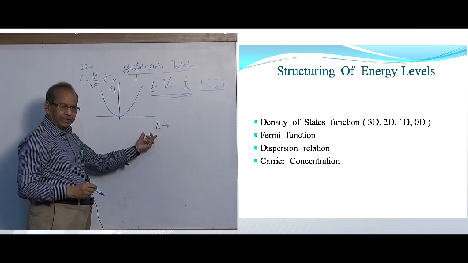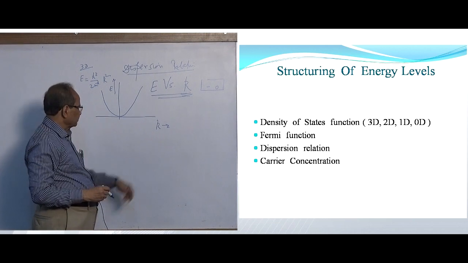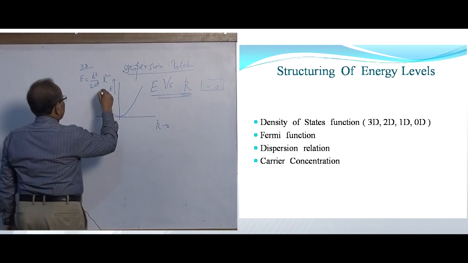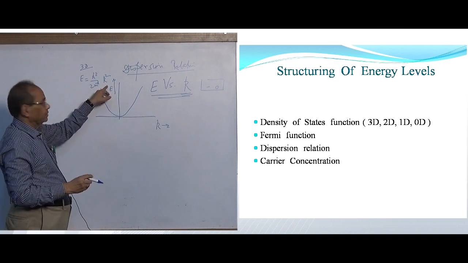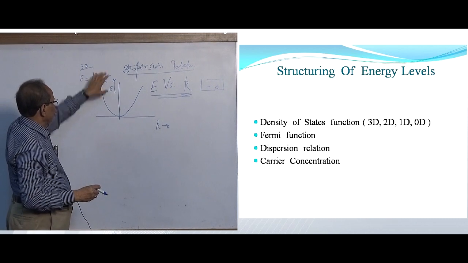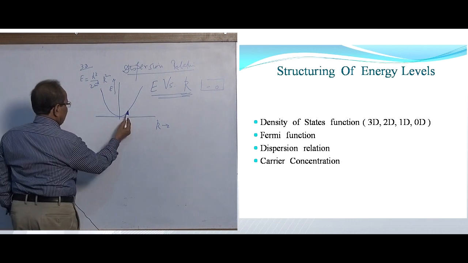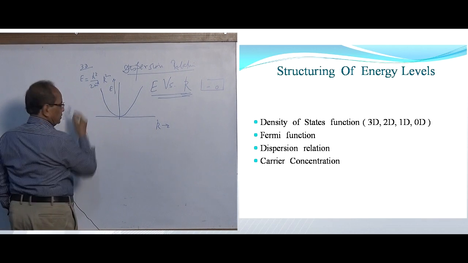It is actually the momentum, h cross k. So E versus k is this. It is a parabolic relation: a constant multiplied by k square, and for k plus or minus, the same energy.